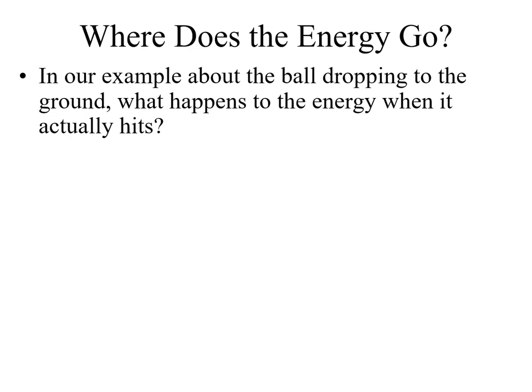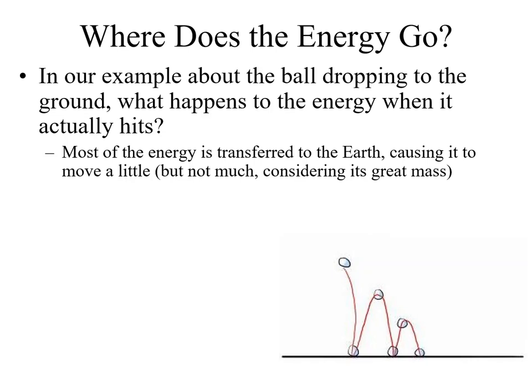Well, what happens when the ball actually hits the ground? You say, yeah, it hits, it's got this much kinetic energy, right? Sure, but then what happens to that kinetic energy? Because the ball doesn't bounce up to as high as it had been before. So what happened to that energy?